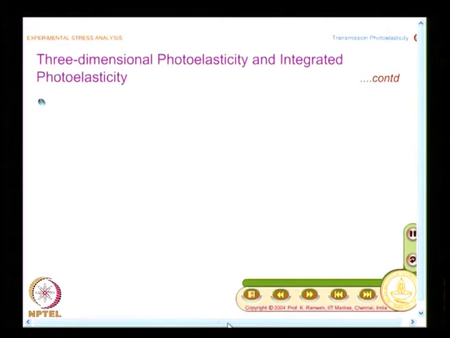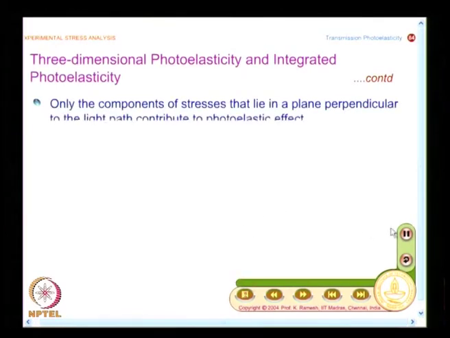We will see those details, but before we get into it, we need to know another important aspect. Only the components of stresses that lie in a plane perpendicular to the light path contribute to the photoelastic effect. This is very important.